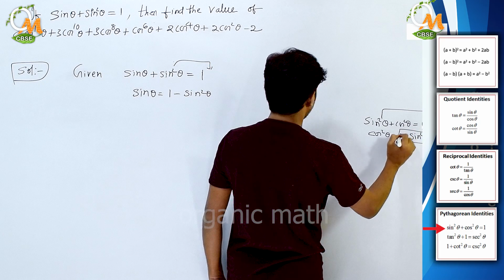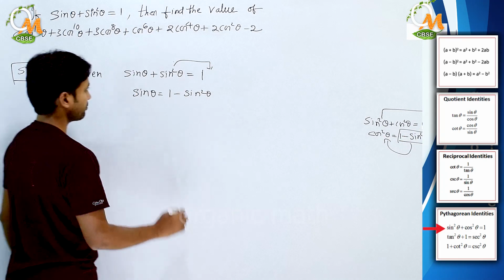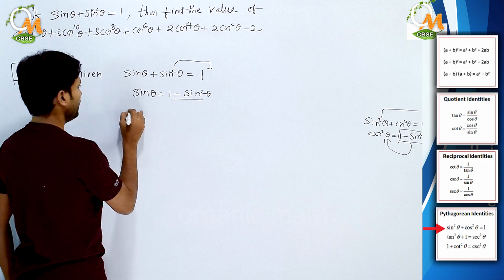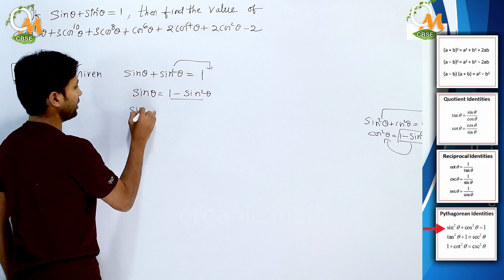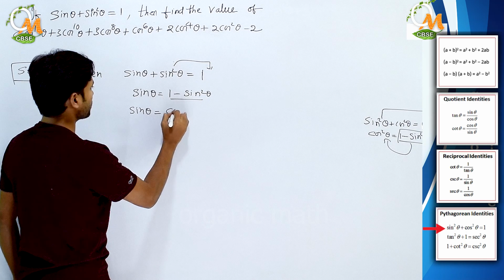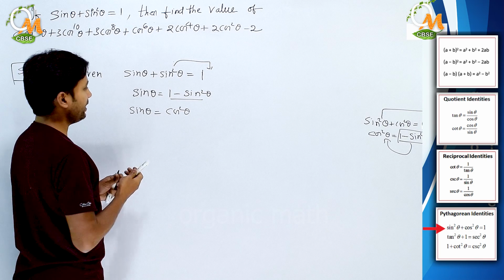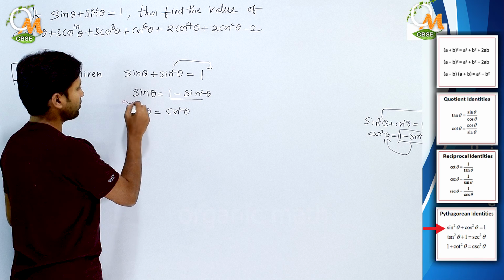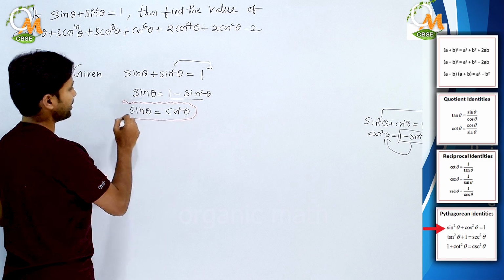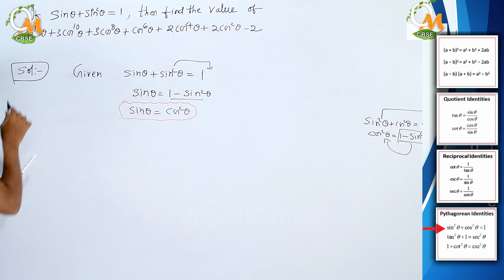So here, 1 − sin² θ can always be replaced by cos² θ. So sin θ = 1 − sin² θ can be replaced by cos² θ. So the value of sin θ in terms of cos is cos² θ. Just keep it aside. Now let's take the expression to be solved.